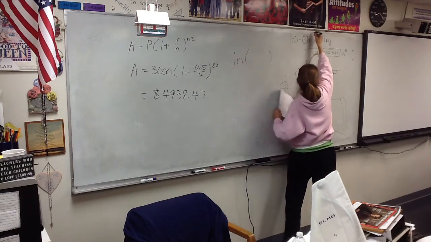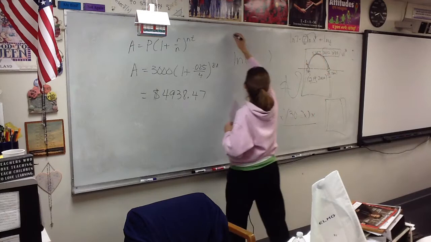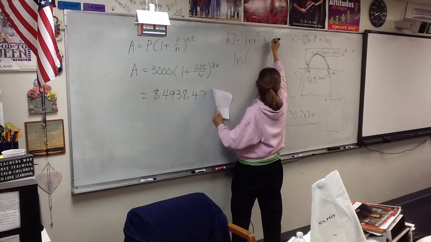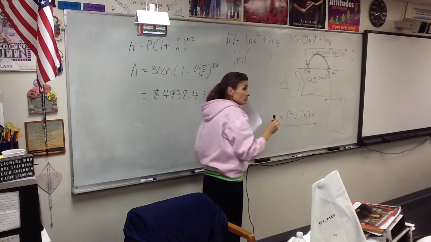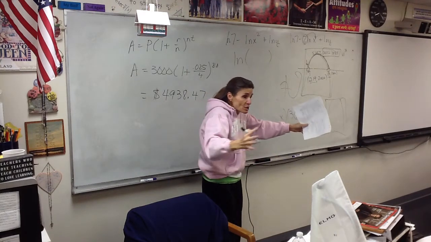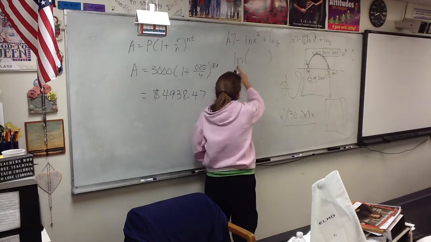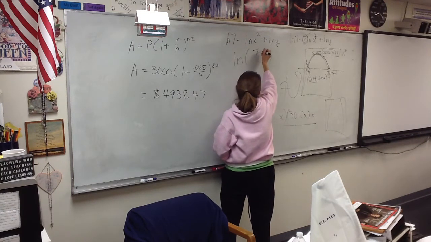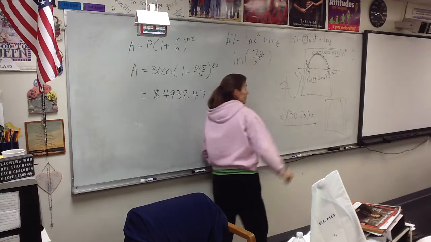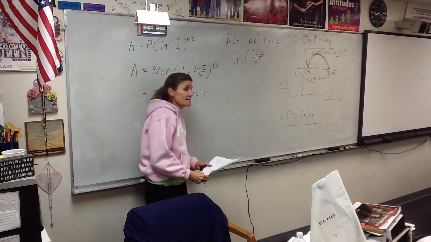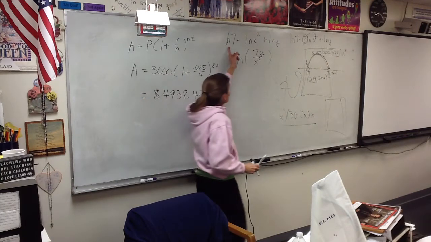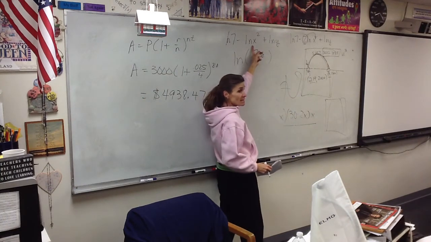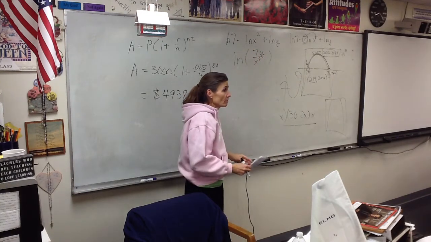E becomes an exponent. So you have ln7 minus ln x squared plus ln y. Now you squish it all together into one logarithm, and what would it be? 7y over x squared. Why is it 7 times y? Because those are added. Minus means division. That's it.